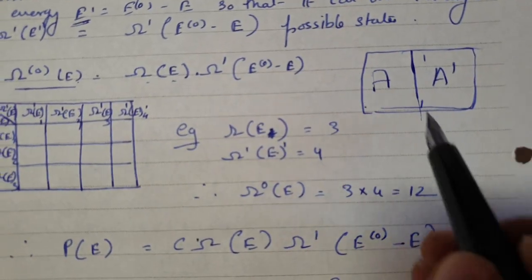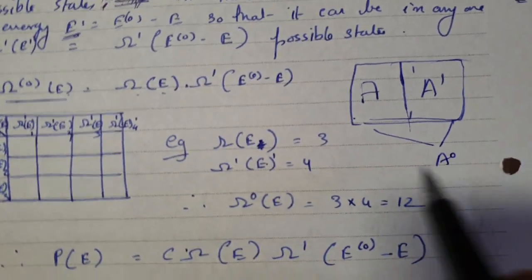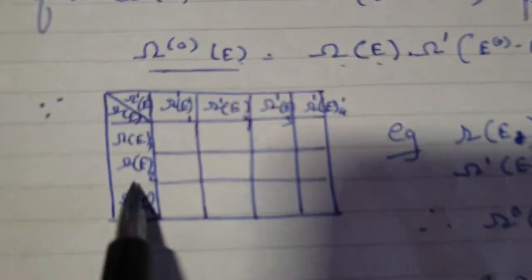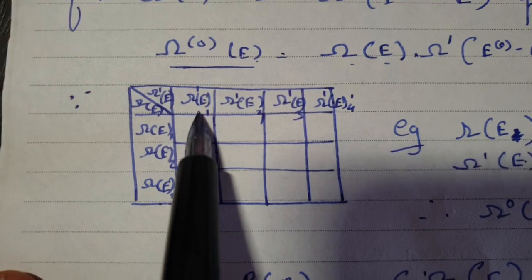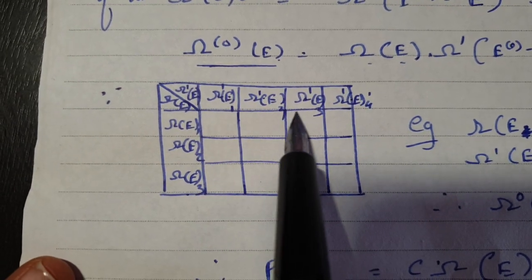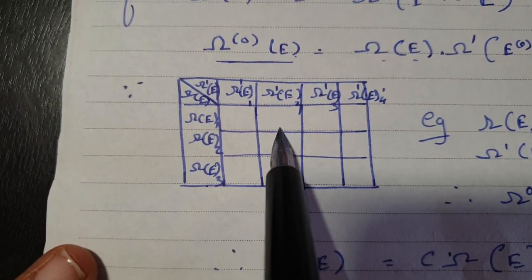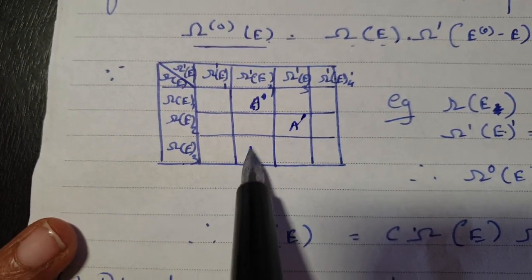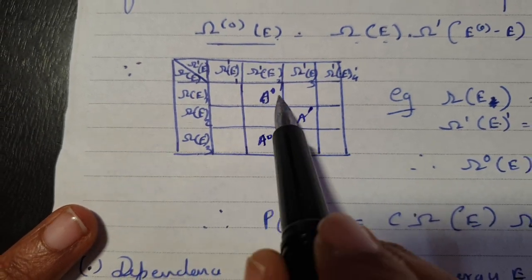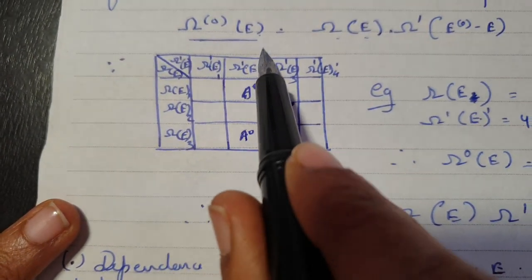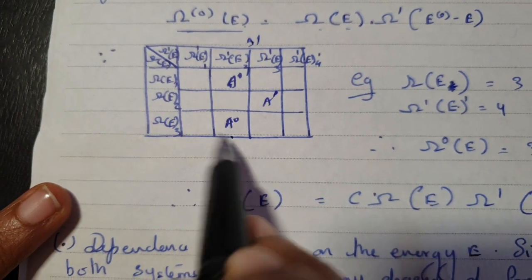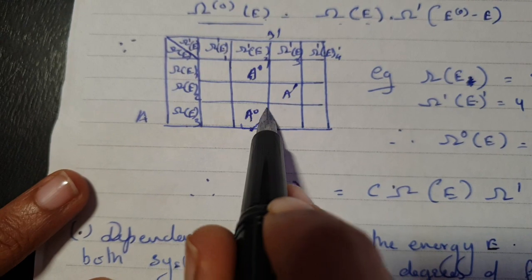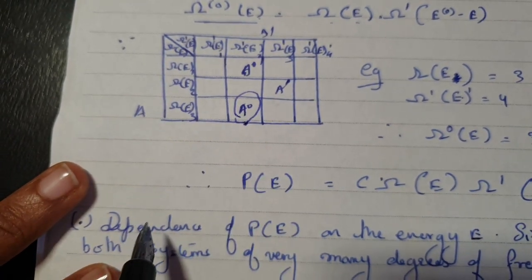So the whole system A naught can be in any one of these states. A can be in any of omega E1, omega E2, omega E3, and A naught can be in omega E1, omega E2, etc. So the system A naught can be here, or here, or here. A dash will have one value at that particular instant of time, and A will have one value at that instant where the entire system A naught is located.